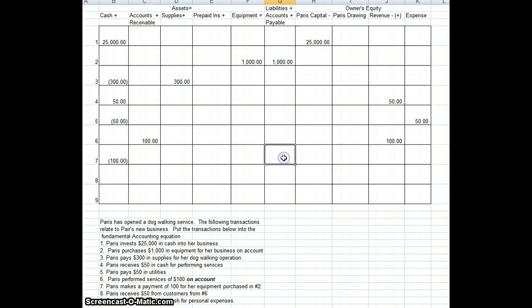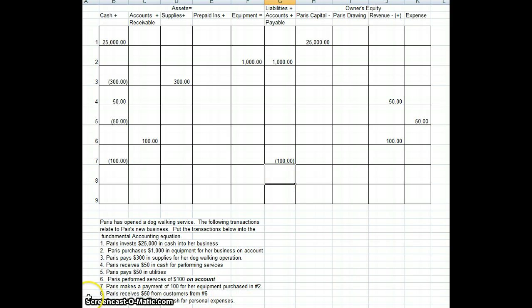Now I'm going to come down here to number 7 and I'm going to show a negative $100. I'm going to decrease the amount owed, and that should make sense. If I owe $1,000 and I'm paying $100, I want that balance to go down. I want it to fall. I don't want it to increase. So whenever you're making a payment on account, you want to think about what kind of account it is. In this instance we owe, so it's accounts payable, and we want to decrease it because we're making a payment.